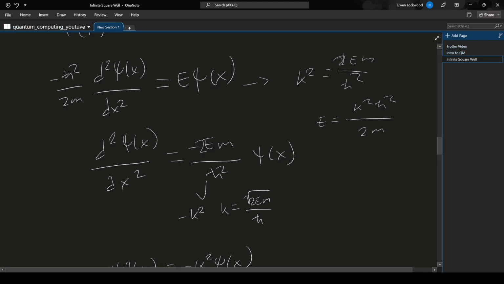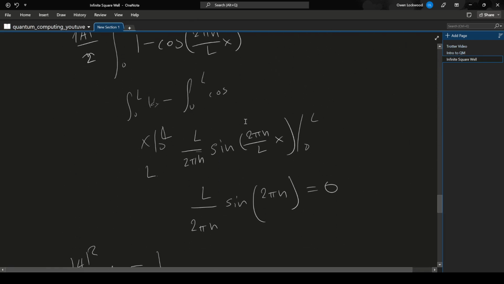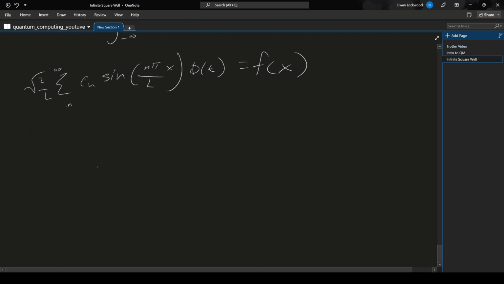Of course, I'm going to now move this down to the bottom. So we're solving for our energy, right? We know it's equal to k squared h bar squared over 2m.